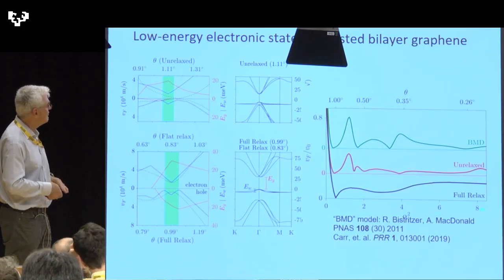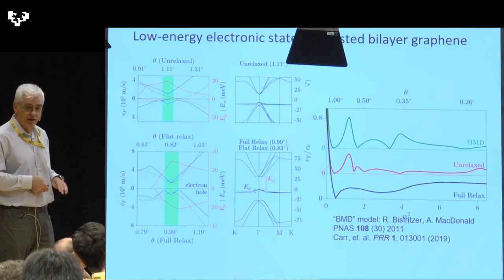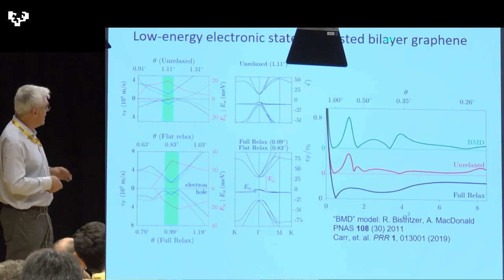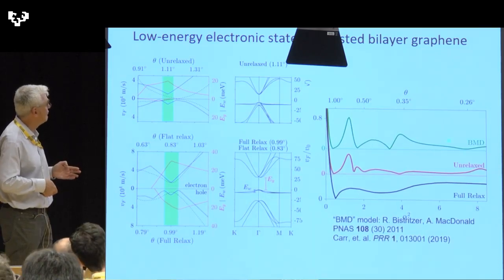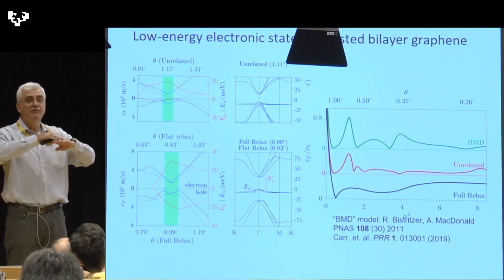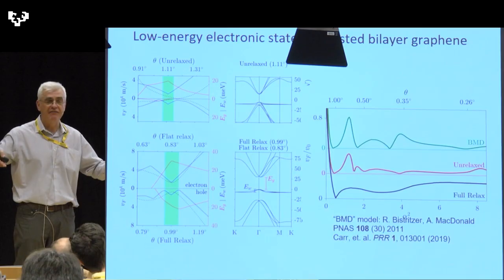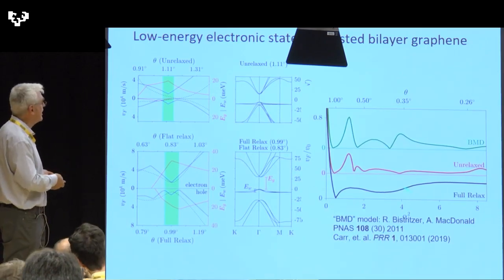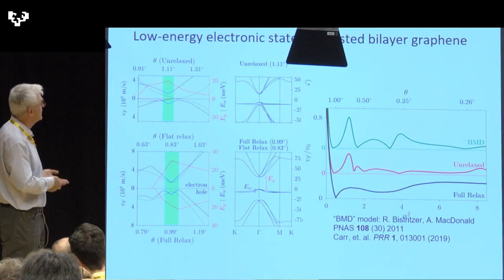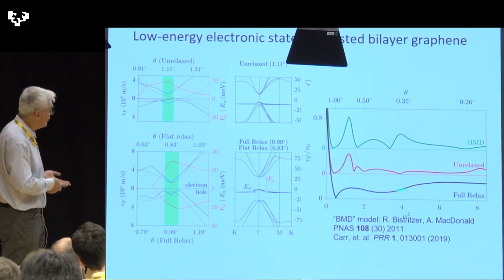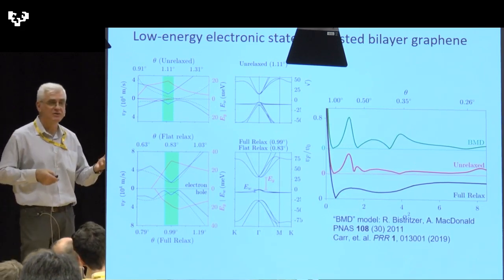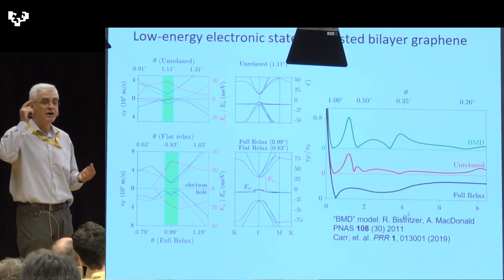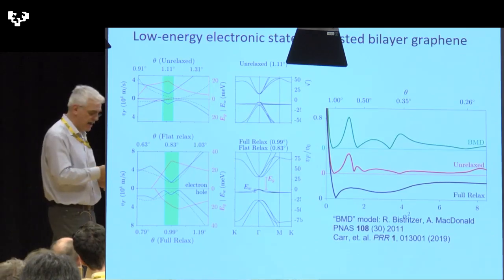So larger values of alpha correspond to smaller values of twist angle. They predicted from their simple theory that you would have several places where the Fermi velocity would become 0, the bands would be completely flat, and you would have this highly correlated behavior. What we find when we include full relaxation, the red line is without relaxation from our calculations, but with full relaxation, you only have a single minimum. So we claim that there is only one magic angle and a small range around it.